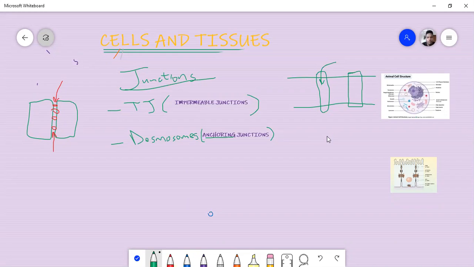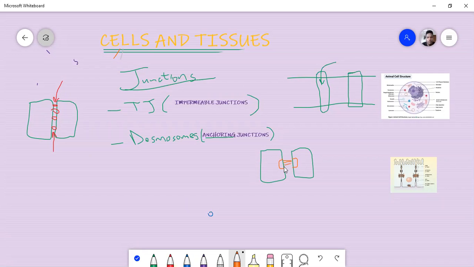If this is one cell and this is another, you have something we call a plaque. This one will also have a plaque, and then you will have your communication between the two, right?